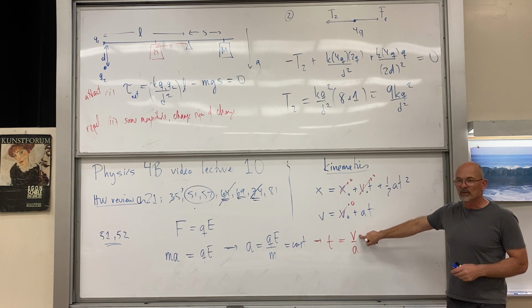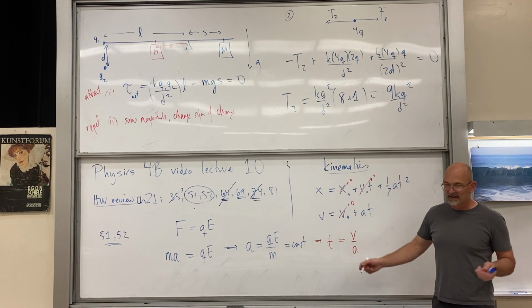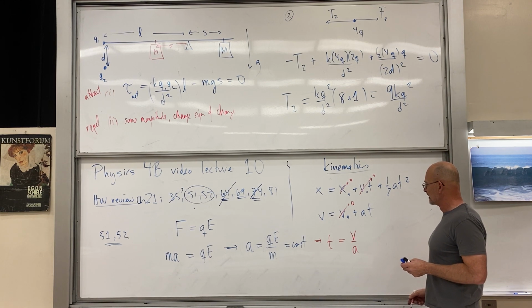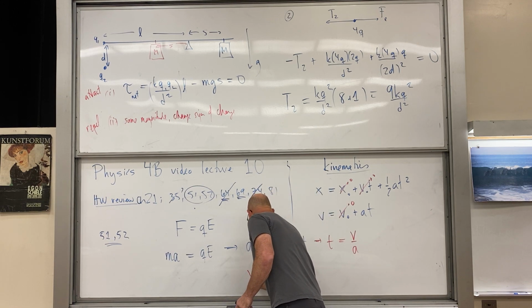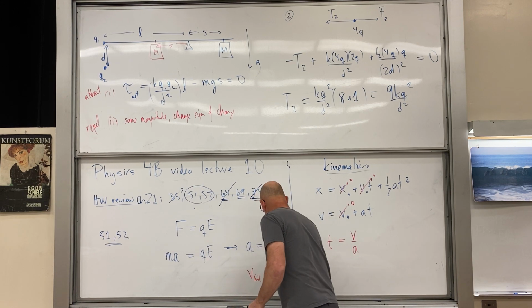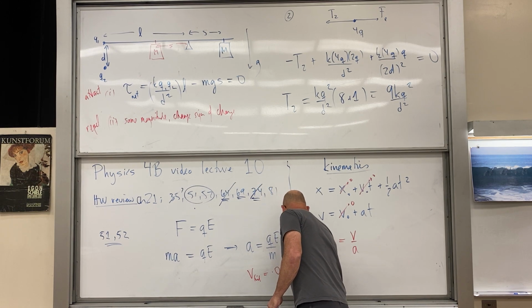And in fact, they told us it was going to be 1%, I think, of the speed of light. I want to put that here, though. V final equals 0.01 c. c is 3 times 10 to the 8 meters per second.